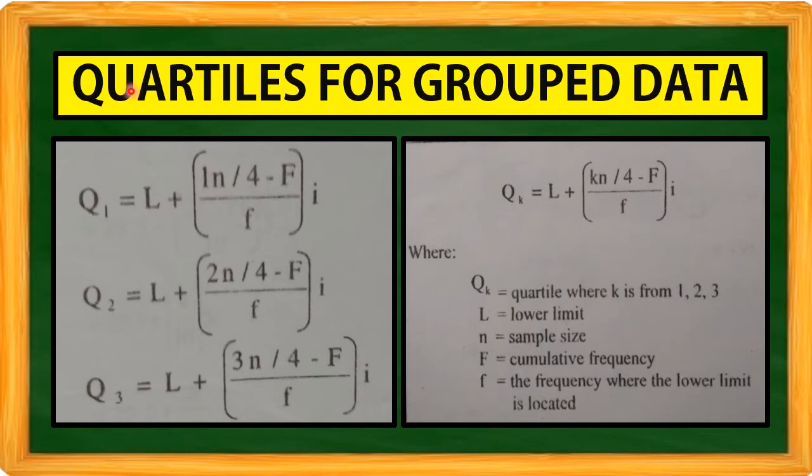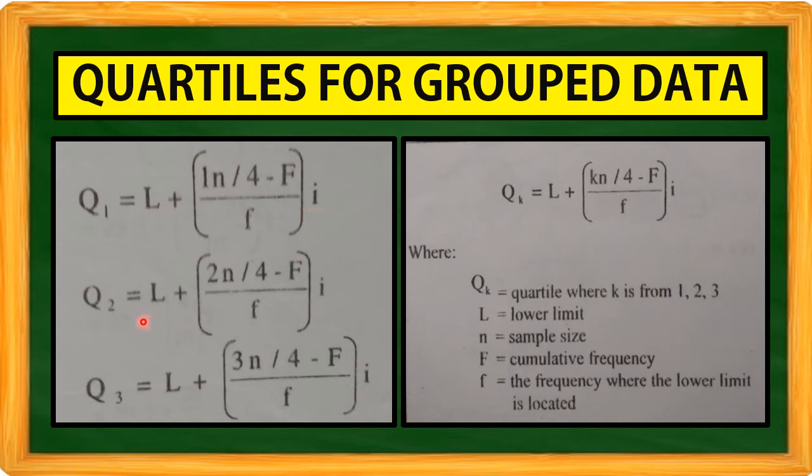This is the formula for quartiles for grouped data. So we have the quartile 1, quartile 2, and quartile 3. So in quartile 1, L is the lower limit plus the quantity of 1n divide 4 minus cumulative frequency divide by the frequency and multiply by the interval.